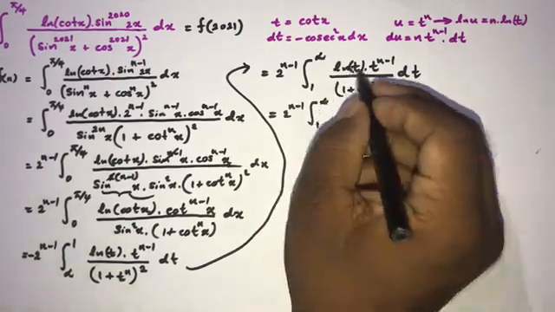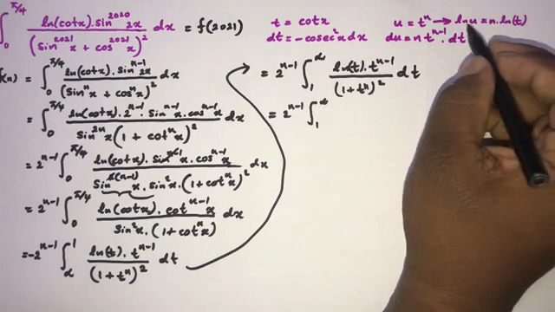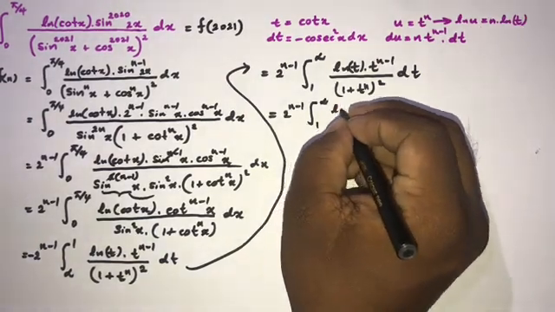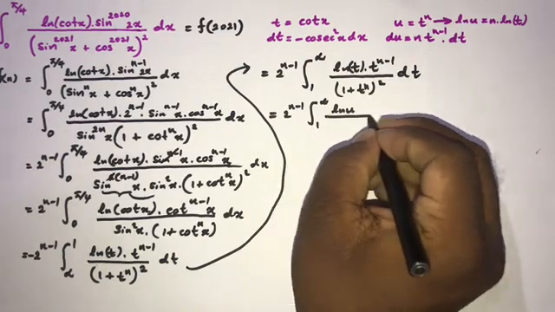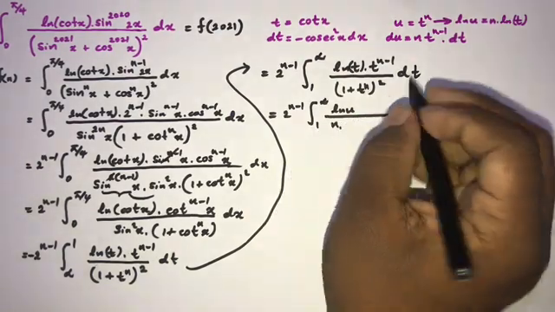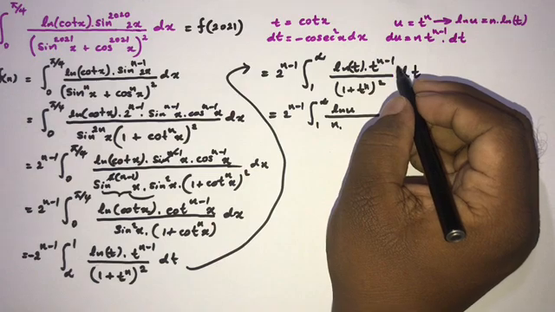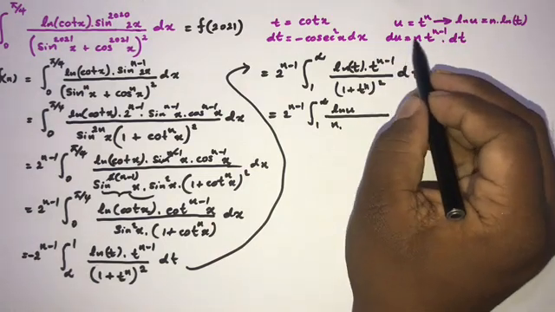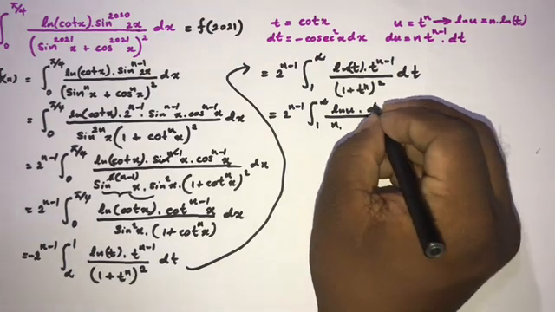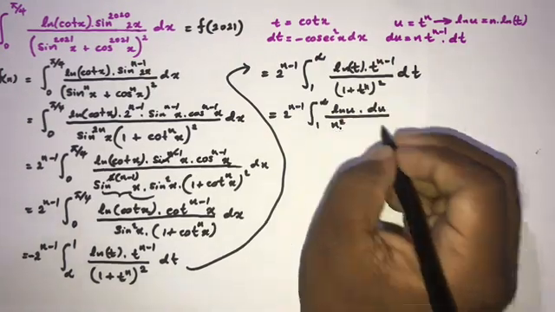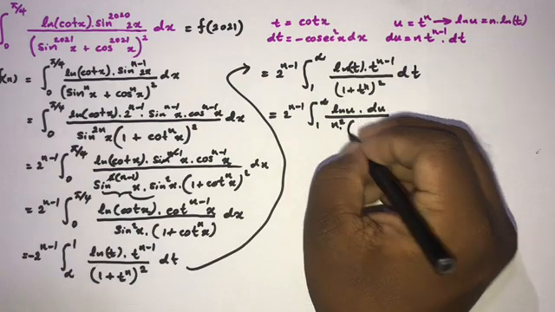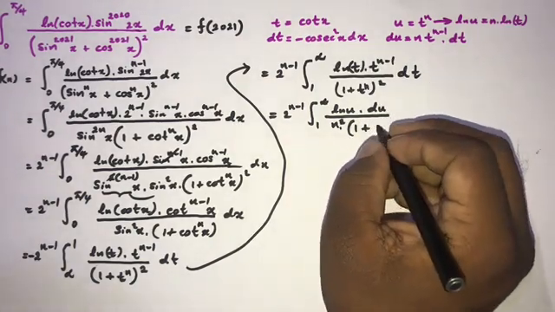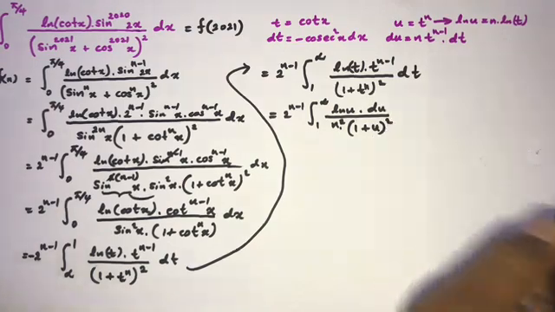Natural log of t is natural log of u over n, t to the n minus 1 dt is du over n, so we get n square, and here 1 plus t to the n, we know u, so 1 plus u, here square.